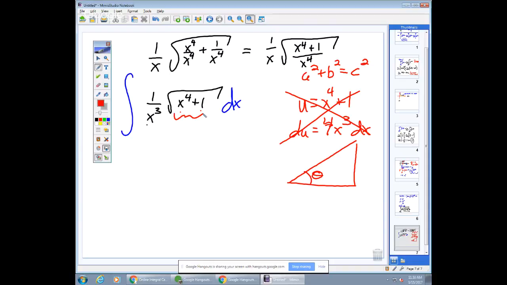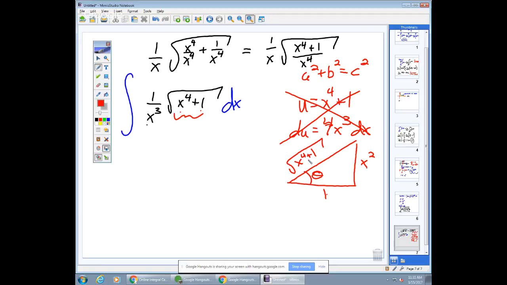So I'm going to say c is the square root of x to the fourth plus 1. It's usually nice to put the x over here. In this case, since that's an x to the fourth, this is an x squared. And then this guy down here would be 1, because the Pythagorean theorem says square the legs and add them up to get your c squared.